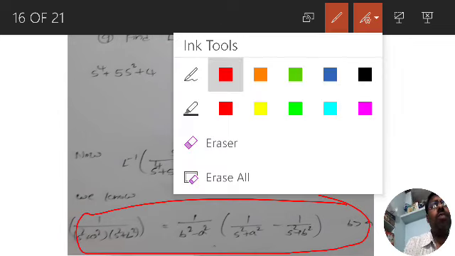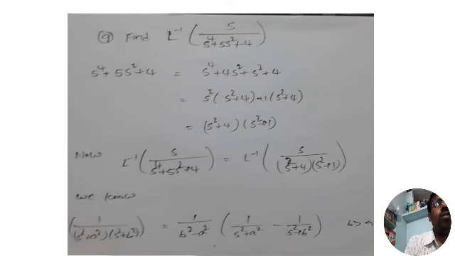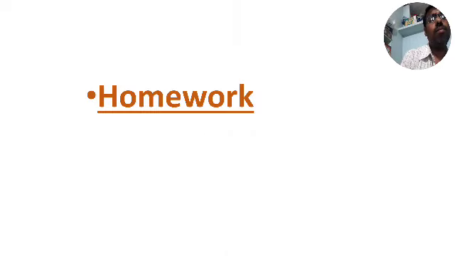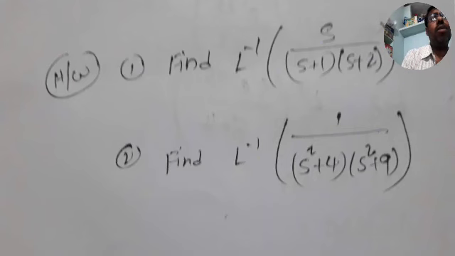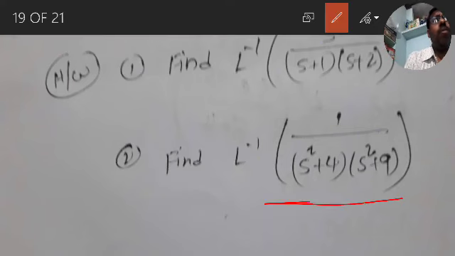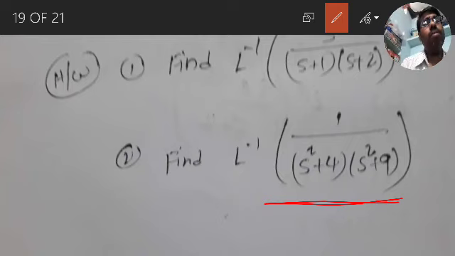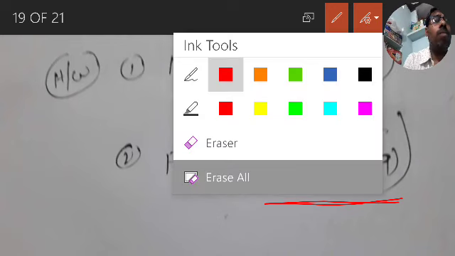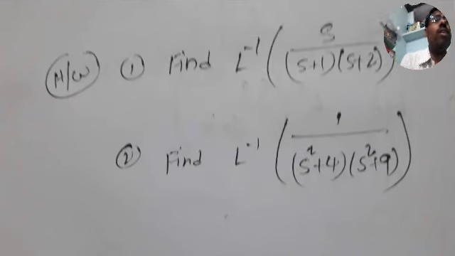In the second problem, you have to use that formula. Then apply the standard formula of inverse Laplace transform. That gives the answer. Very easy. Both the problems are very easy. Just note it down.